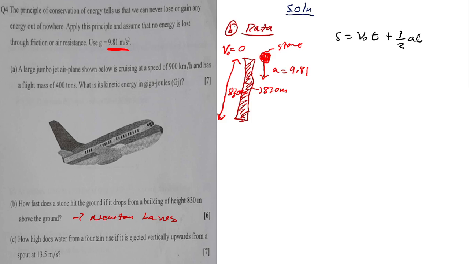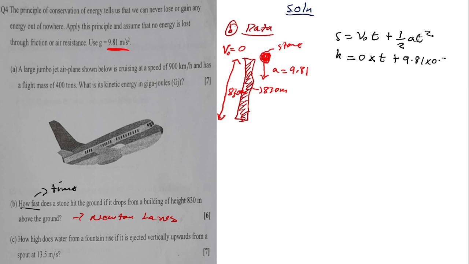Remember, we are looking for how fast, so how fast simply means time. So from there it will be plus 9.81 times 0.5. I've just changed half to 0.5.